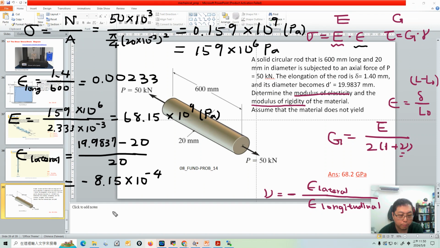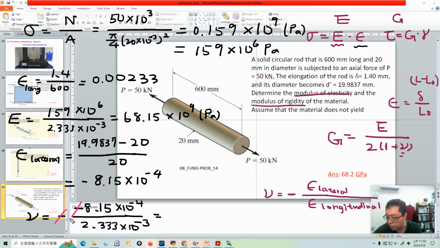So what's our Poisson ratio? It's just the ratio, and don't forget the minus sign. The lateral strain is minus 0.815 times 10 to the power minus 3, and the longitudinal strain is 2.333 times 10 to the power minus 3. We cancel out the negative sign.